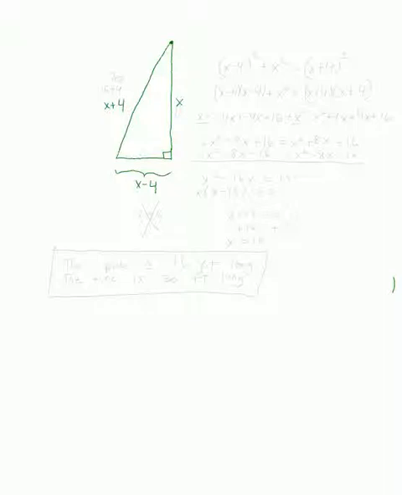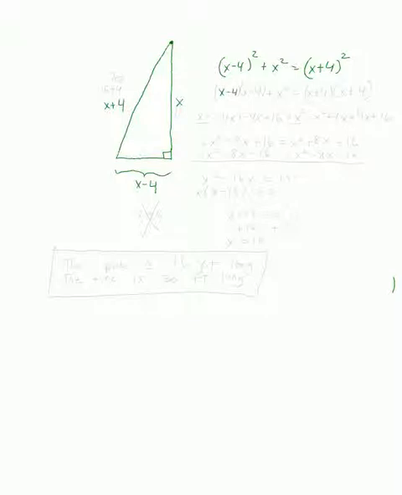Now, we're finally ready to write down the Pythagorean theorem. We know by the Pythagorean theorem that x minus 4 squared plus x squared is equal to x plus 4 squared. So we need to simplify and solve.